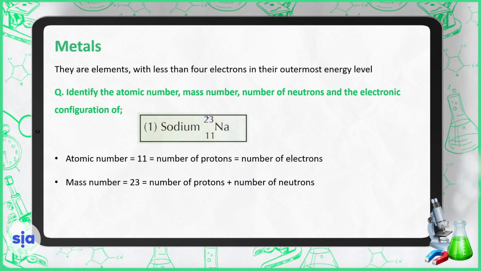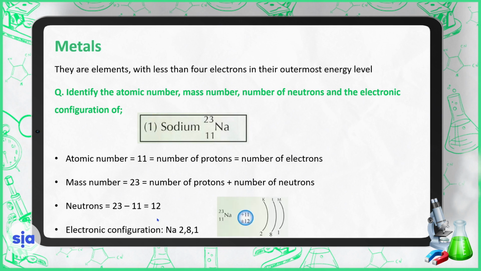The number on the top is the number of protons plus the number of neutrons, and it is known as mass number. So we can calculate neutrons by subtracting the atomic number, which is 11, from the mass number, which is 23. It will give us 12 neutrons.